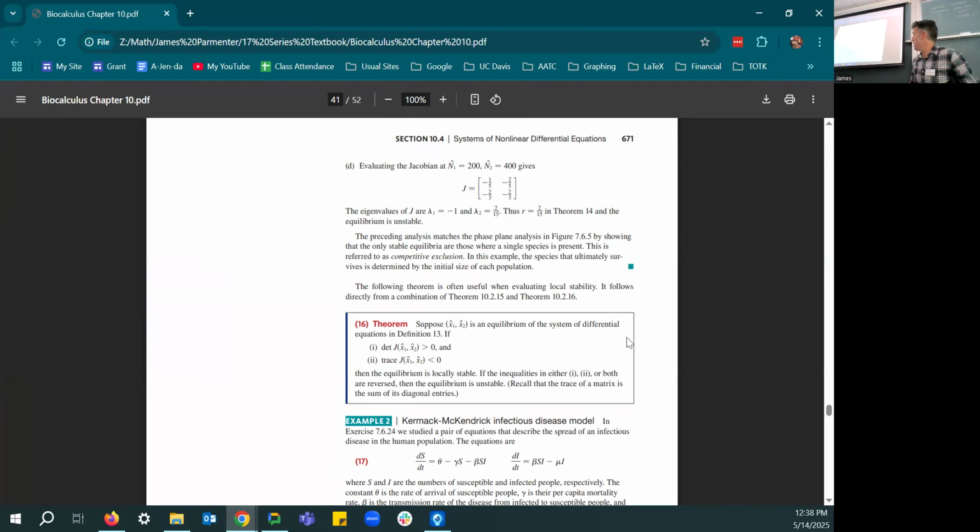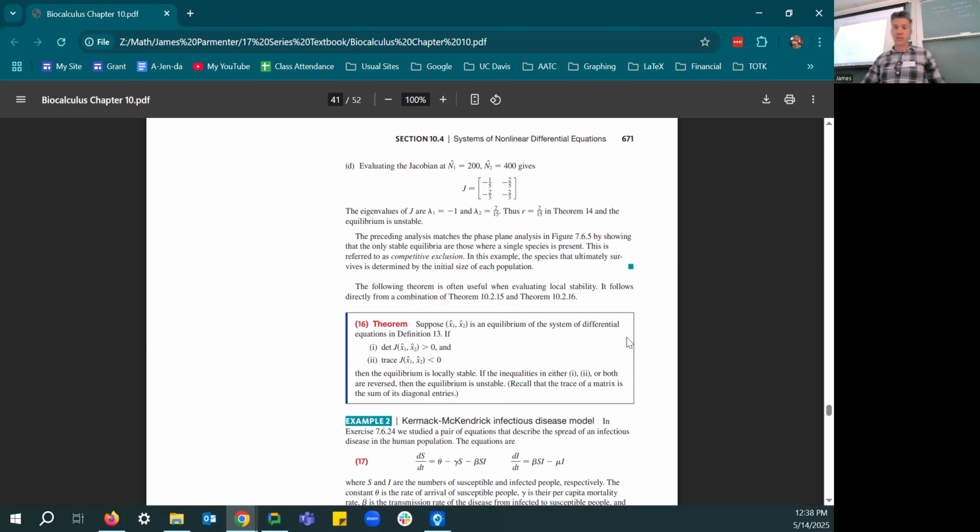What this theorem says is that if you have an equilibrium, and if both the determinant of your Jacobian is positive and the trace is negative, meaning we're up in the upper left-hand corner of that picture of stability, that's when you get stability. And if either of those things isn't true, it's not stable.